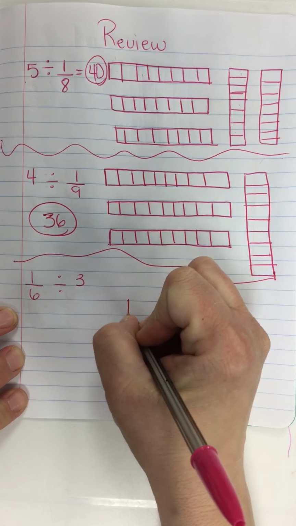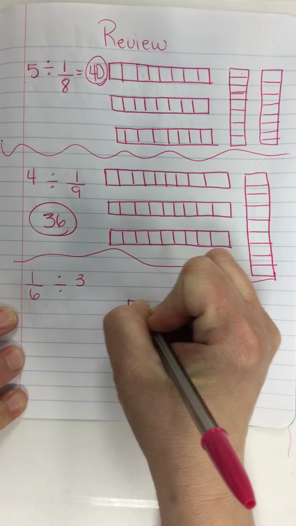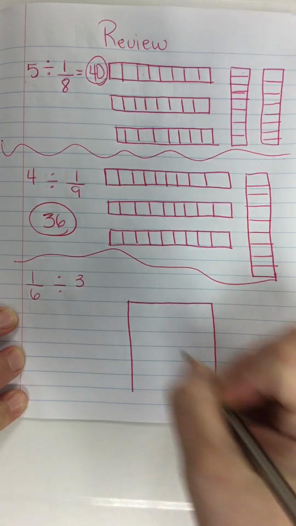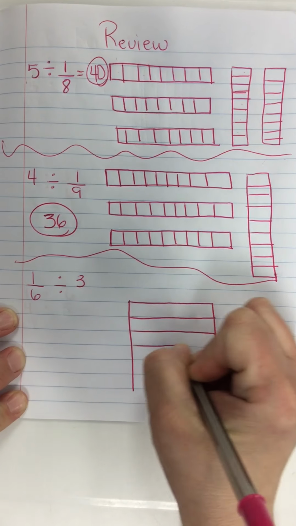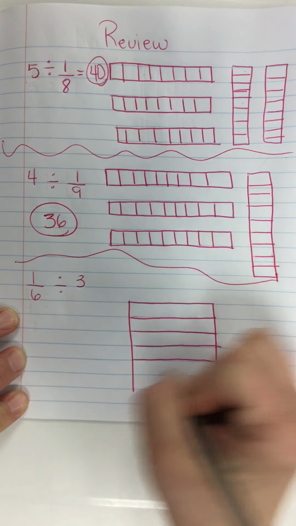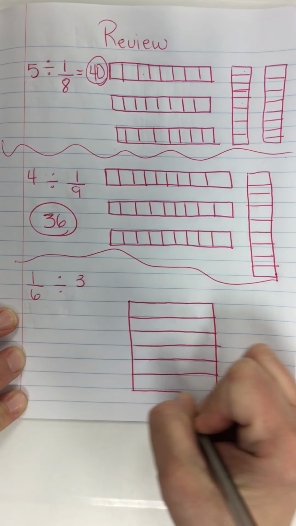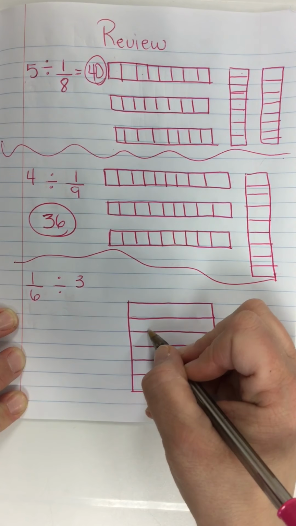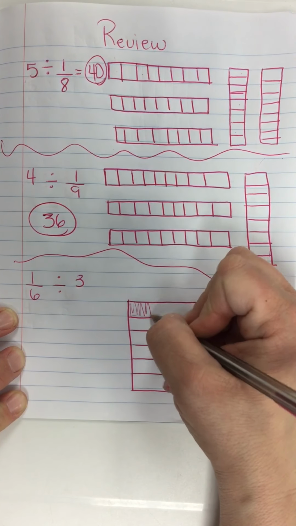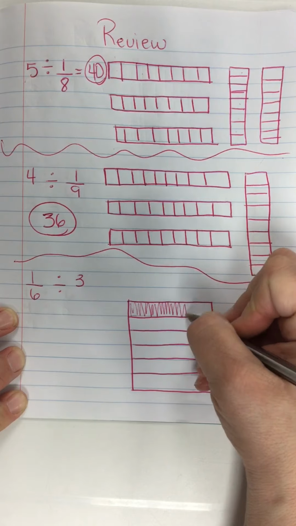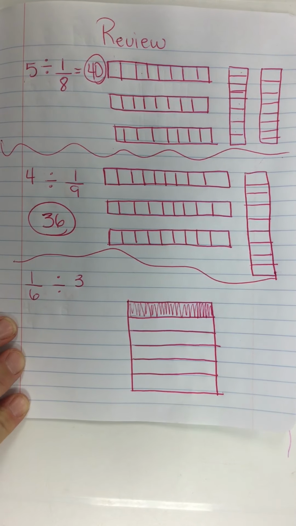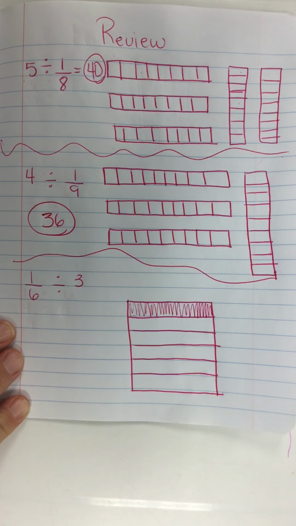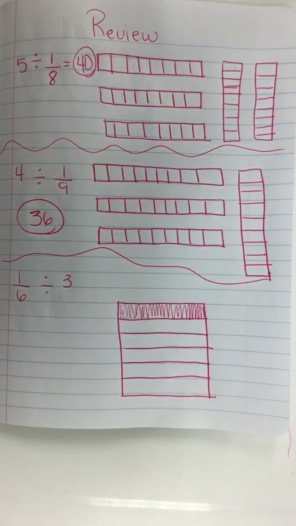So that means 1, 2, 3, 4, 5, 6. 1, 2, 3, 4, 5, 6. So it means I'm taking 1/6 of a piece of yarn. I have 1/6 of a piece of yarn. So it's about 1/6 long.